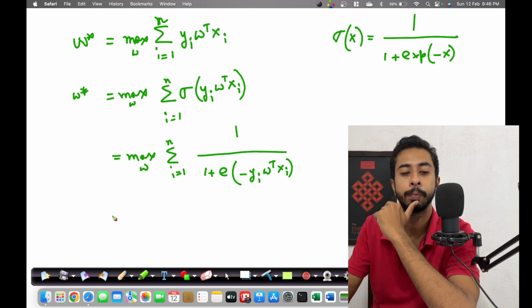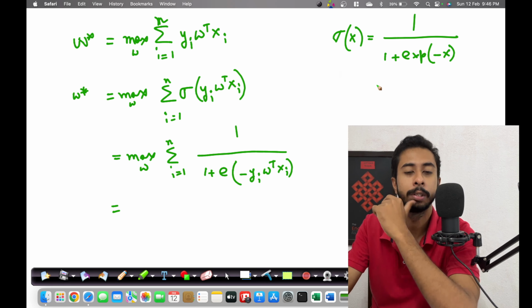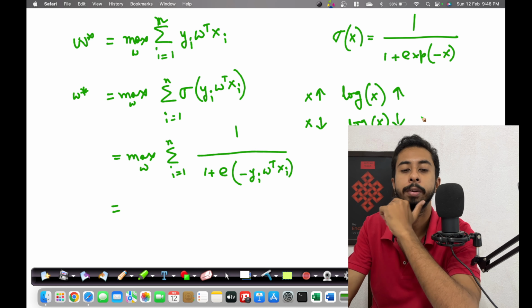We can write this. Now you see there is a function called a monotonic function. What is a monotonic function? Say log of x. If x increases, log of x also increases. If x decreases, log of x also decreases. That is the beauty of the log function.